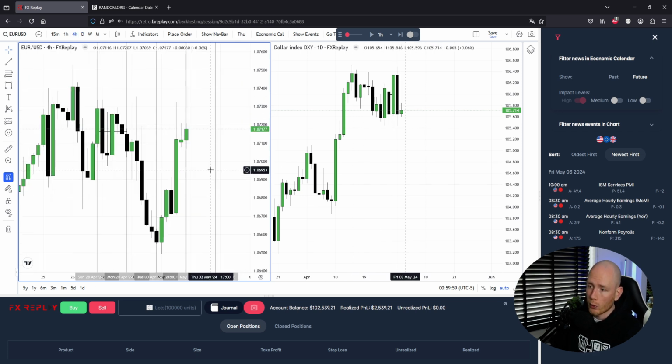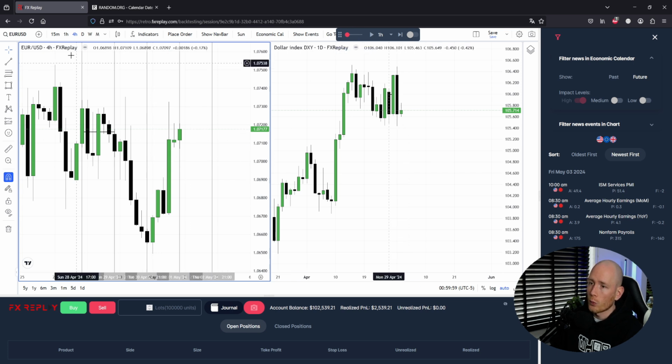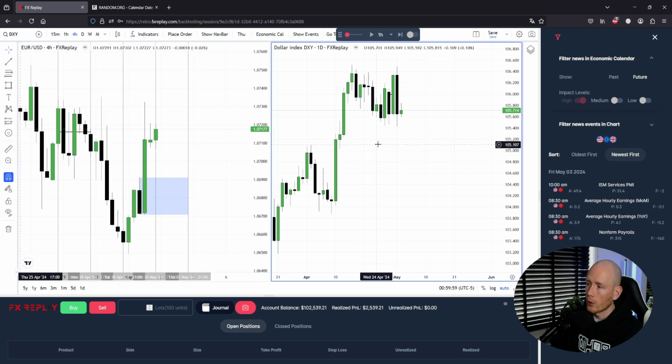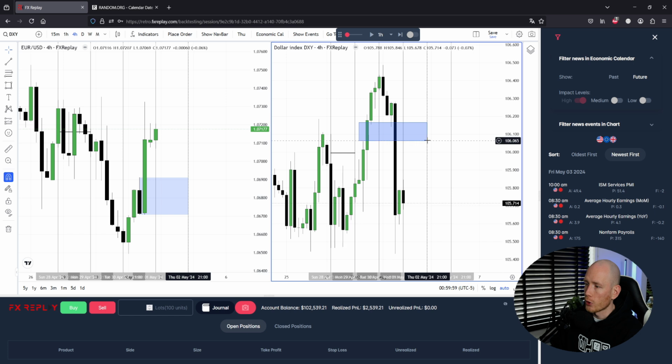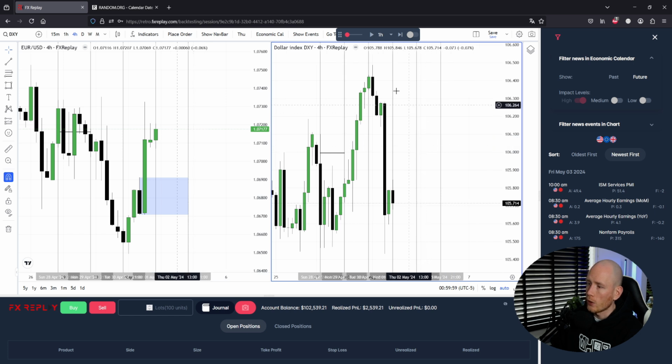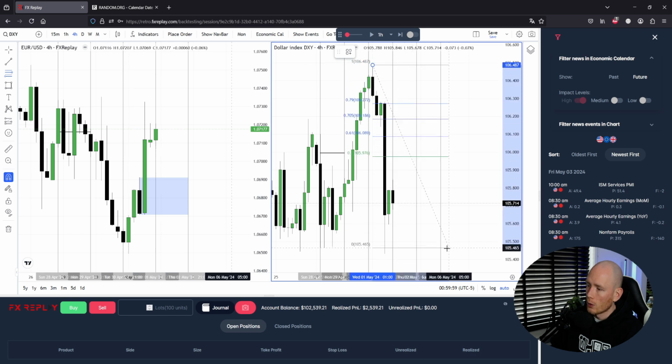Let's go to the 4 hour. Do we have anything to key off from? Yes, we have a bullish order block over here. Right, so this is a potential area where we can look for something. Let's look at DXY. We have an inverse gap here, which has not been rebalanced into yet. So if I take the entire range we're working with, from high to low, got something like this.